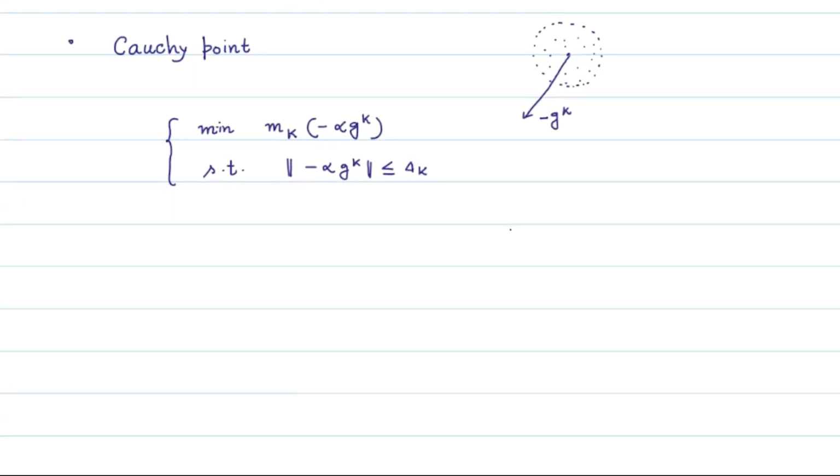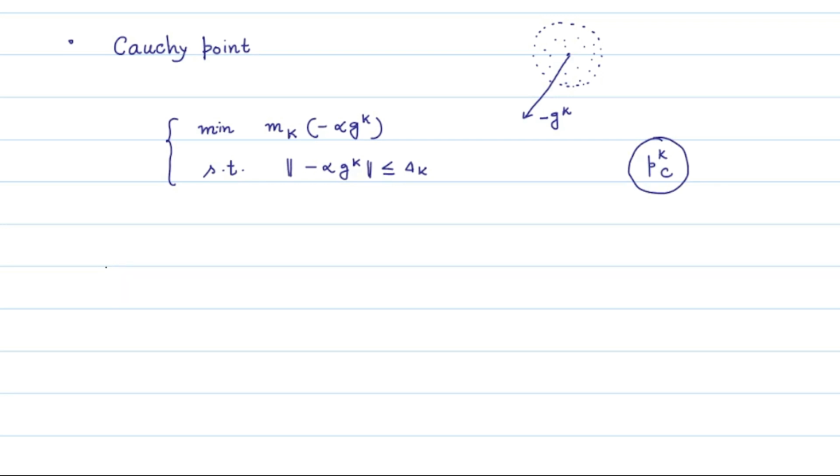We denote this Cauchy point by pk subscripted capital C, C for Cauchy, and this concept of Cauchy came out to honor the great mathematician Louis Augustin Cauchy due to his important work in the year of 1847 on steepest descent method. Now, how do we find this step pkC?